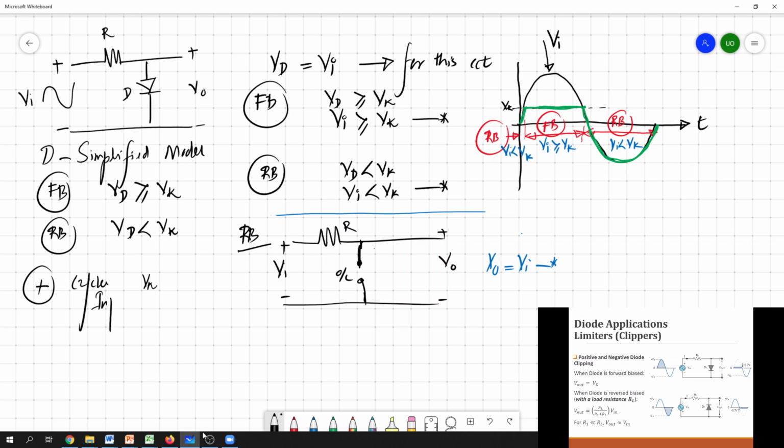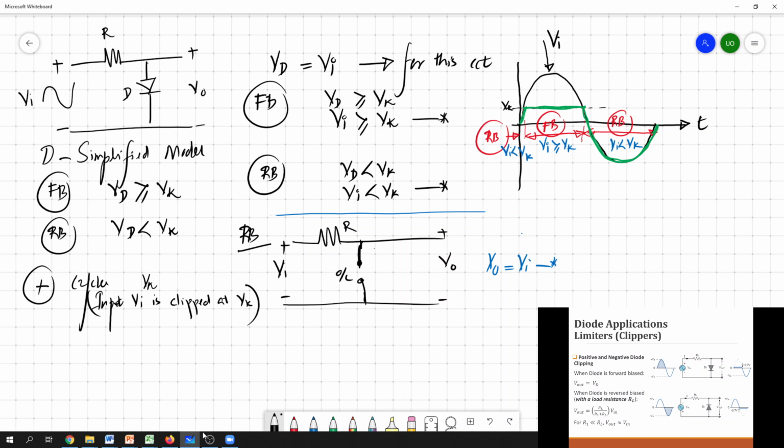Input Vi is clipped at Vk. So this is the thing that happens in this positive cycle.